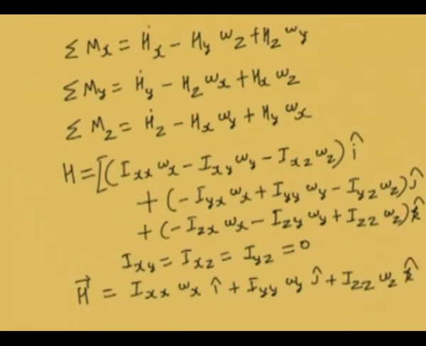You see how simplified it becomes. That is the advantage of finding the principal axes. The expression has become very compact. Hence, if x, y, z are the principal axes, then the Hx component is Ixx omega x, the Hy component is Iyy omega y, and Hz is Izz omega z.